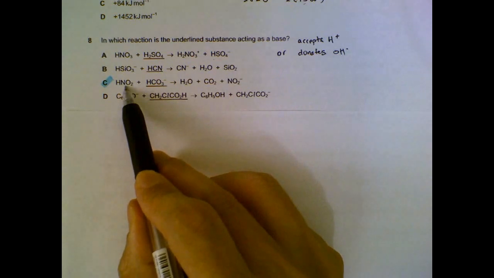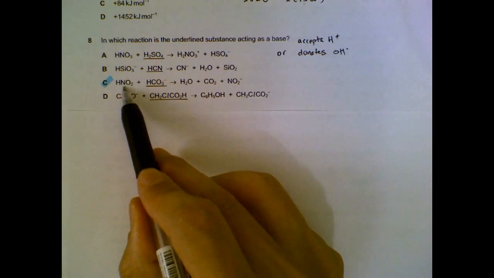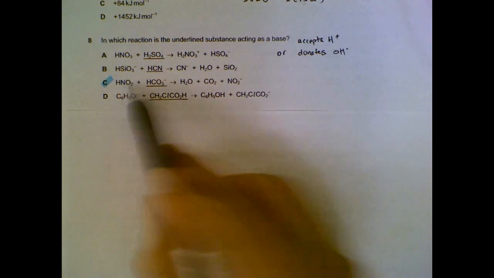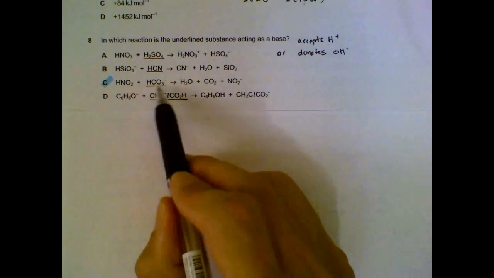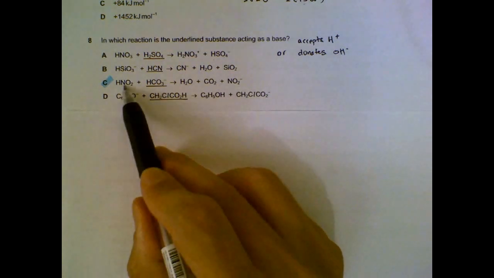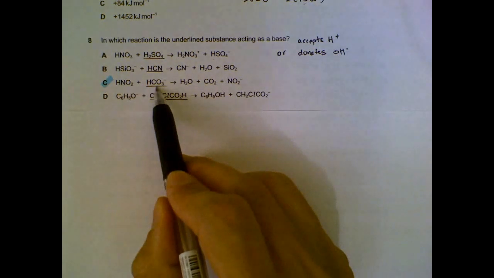Right, HNO2, we can see that HNO2 is the one that loses a proton because it forms NO2 minus. So HNO2 is an acid. It loses a hydrogen proton. HCO3 minus is actually the one accepting a hydrogen proton.